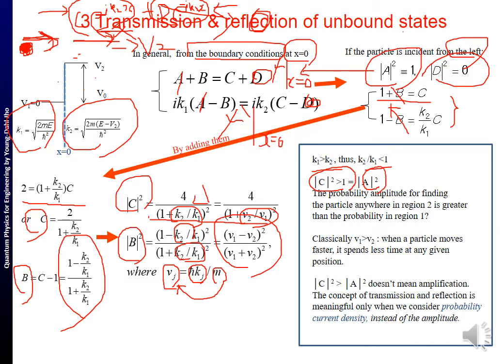This is weird. The probability amplitude for finding the particle anywhere in region 2 is greater than the probability in region 1. This occurs only when there's amplification, but we didn't set any such input of external energy for amplification. So something is wrong.